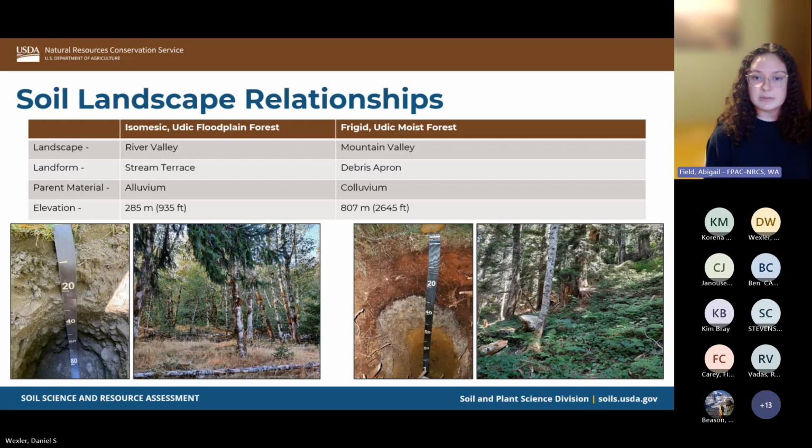It is much higher in elevation, a lot colder. And you can see just looking at the soil that it has more distinct layers, which clue us into how it was developed and under what conditions. Our vegetation as well is much more established. You can see a lot more of those conifers coming in. I think that's it. Next slide.